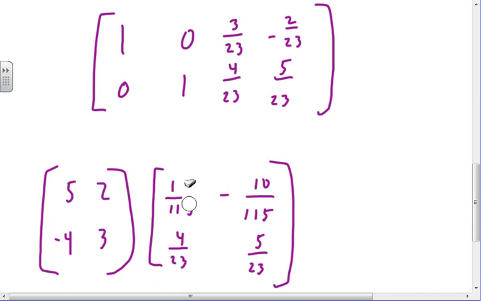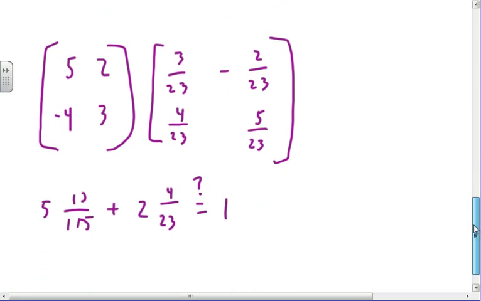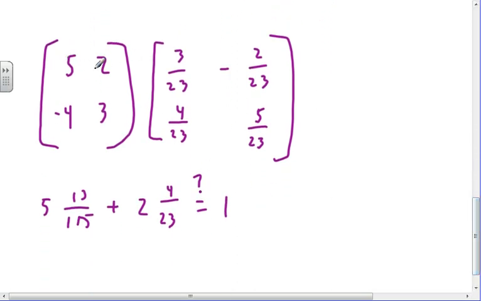Okay, so now we're going to put 3 23rds minus 2 23rds. Okay. First row, 15 plus 8 is 23, so that's a 1.